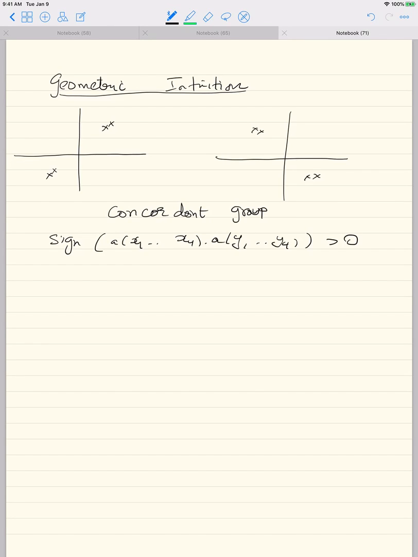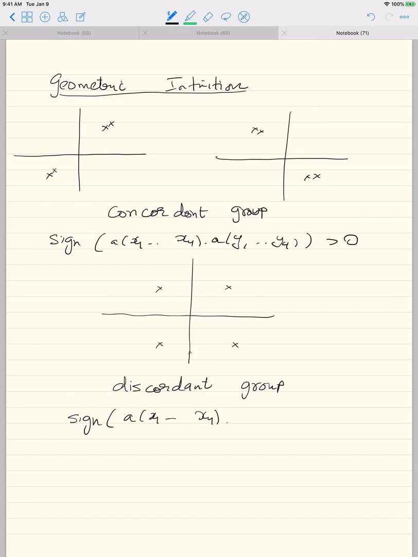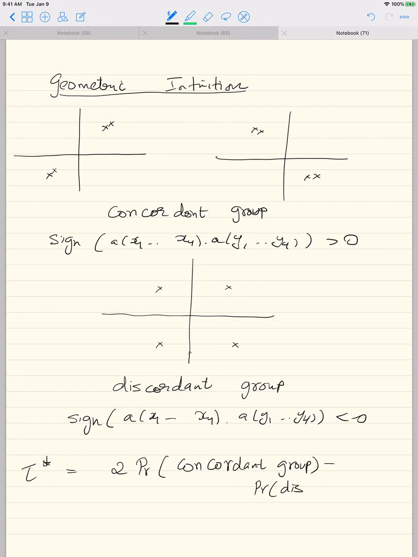On the other hand, if our 4 points are like this, then we have a discordant group. In this case, the sign of A of x1 to x4, A of y1 to y4 is negative. And tau star can be written as 2 times the probability of seeing a concordant group minus the probability of a discordant group divided by 3.